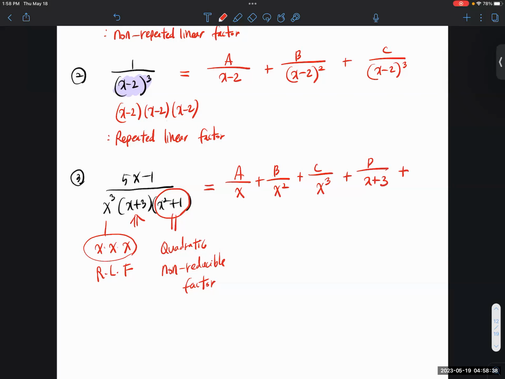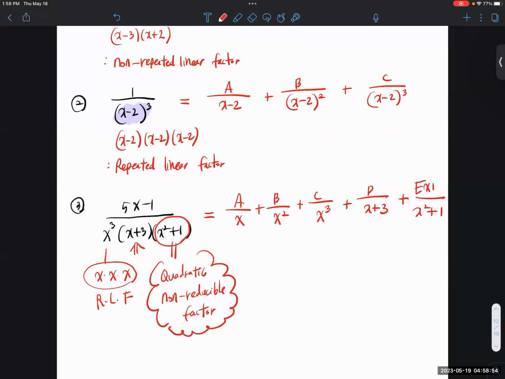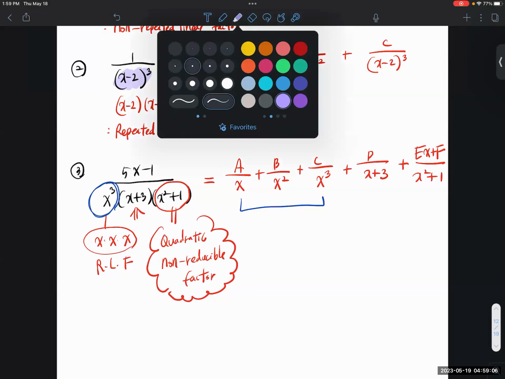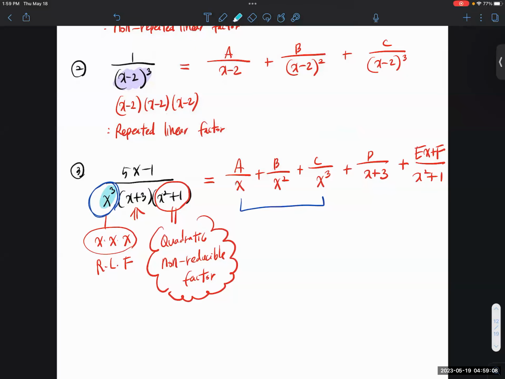And then the last one is special. If you have a quadratic non-reducible factor, very important, keep x squared plus 1, but the numerator is going to be the reduced down form, Ex plus F. It's not going to be just one constant. Remember, this is increasing the x power: x, x squared, x to the third.